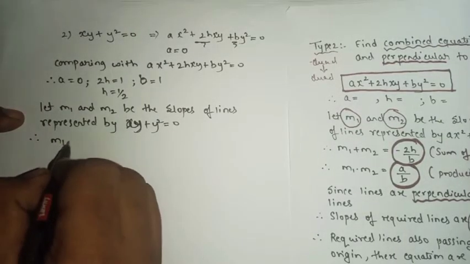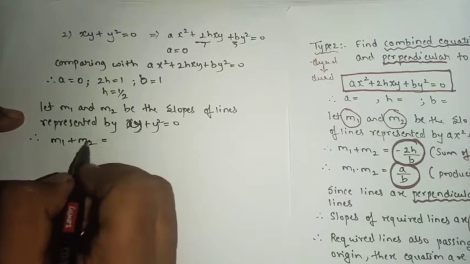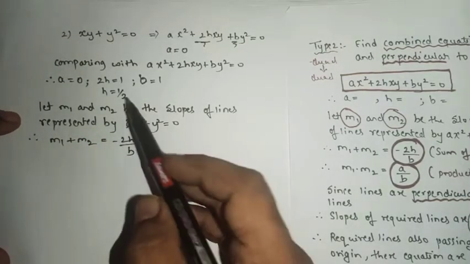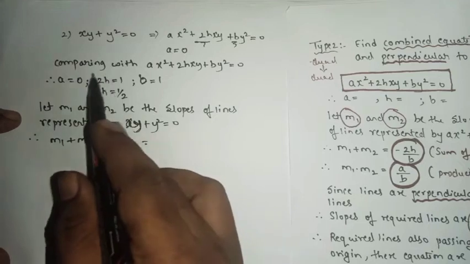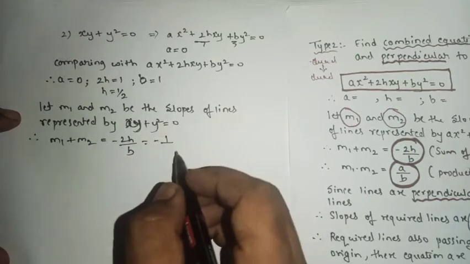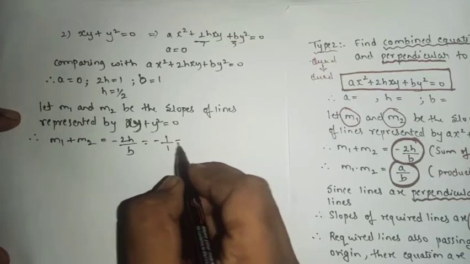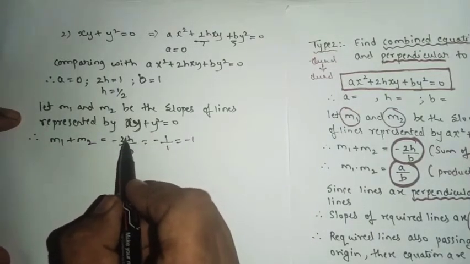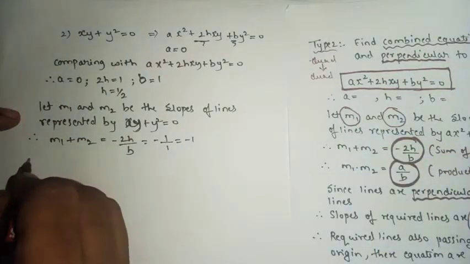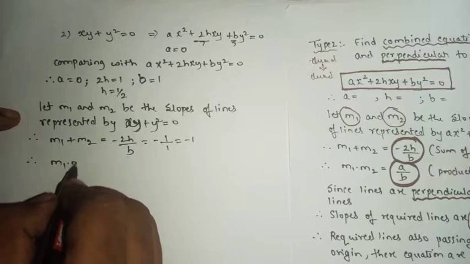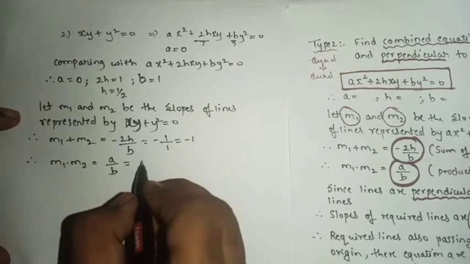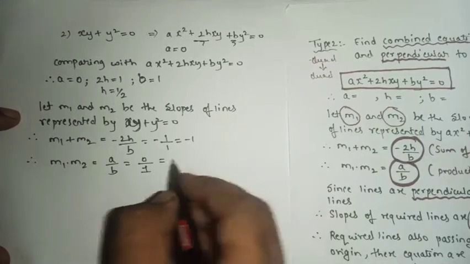Now we'll find the sum of the slopes by using the formula minus 2h upon b. Substitute the value of 2h directly, so you will get minus 1 upon b, which is 1, so you will get minus 1. Or else replace h by 1 by 2, still you will get minus 1. The product will be a by b. The value of a is 0 and b is 1, so 0 upon a number is 0.